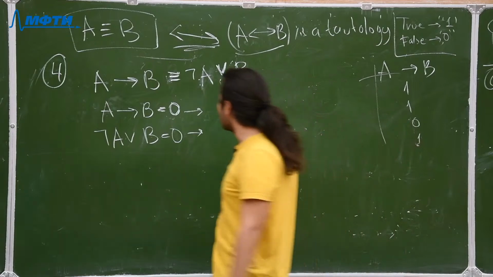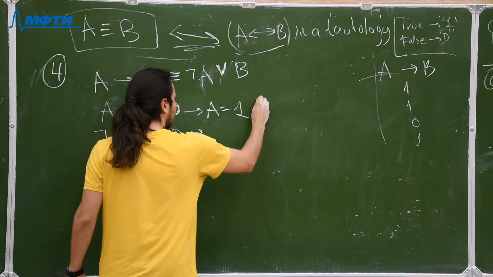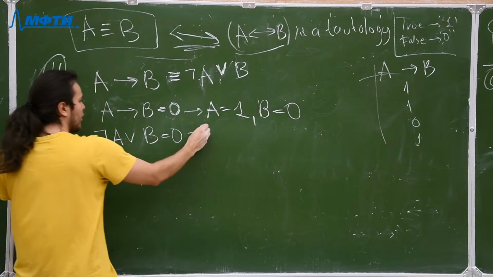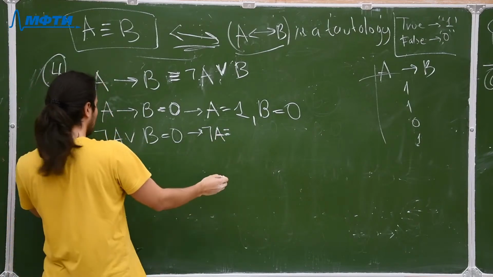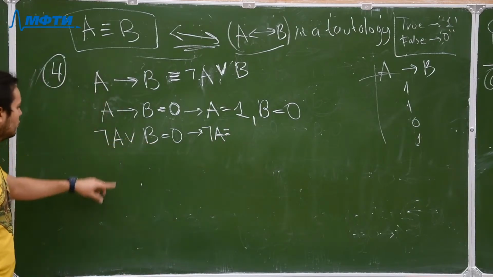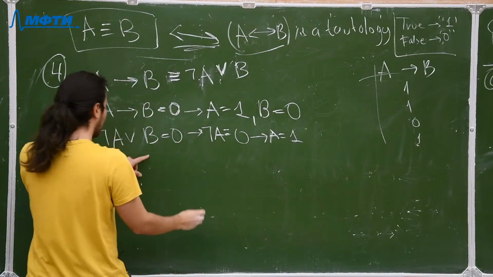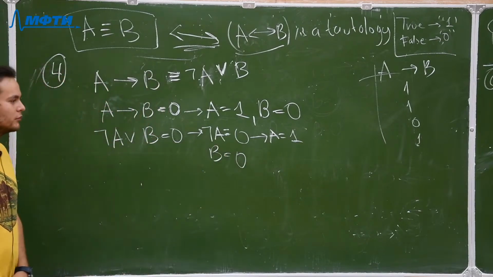So what does it mean? So A is equal to 1 and B, in this case, not A is equal to 0. So A is equal to 1 and B is 0. That's it.